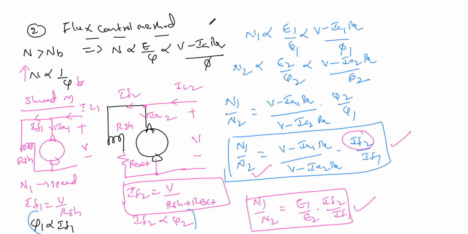So overall, what is happening here now? Speed can be increased by keeping a resistance in the shunt field winding. Speed घटेगा जब आपने resistance armature winding में add कर दिया. Speed बढ़ेगा जब आपने resistance shunt field winding में introduce किया.